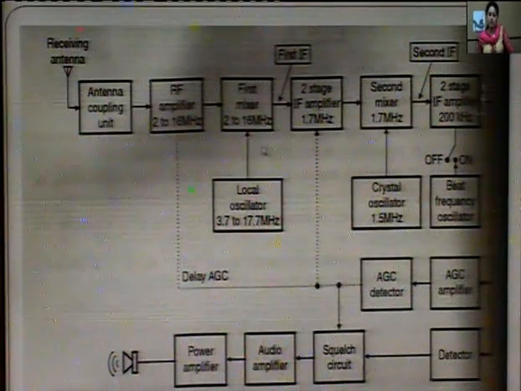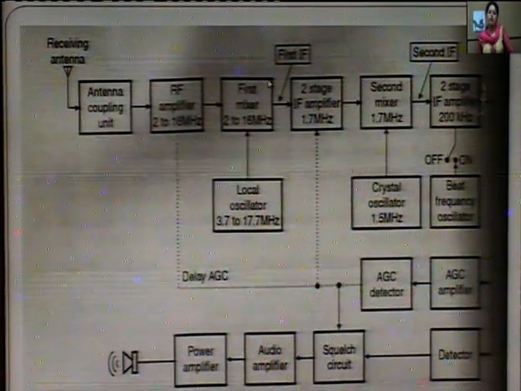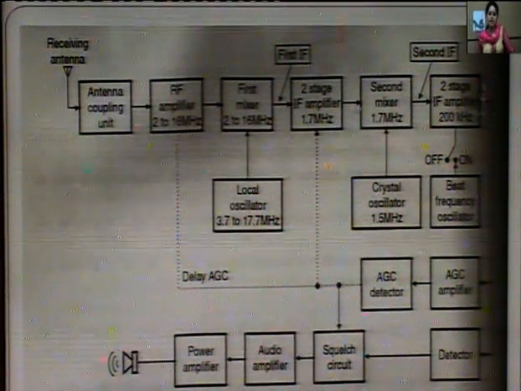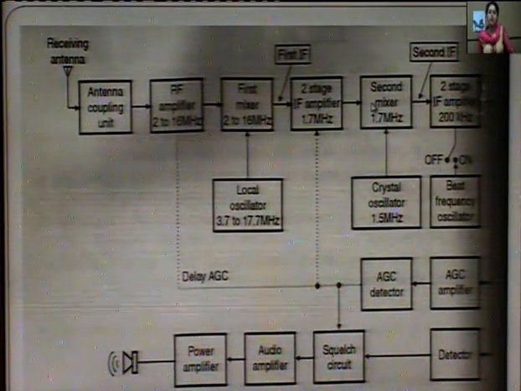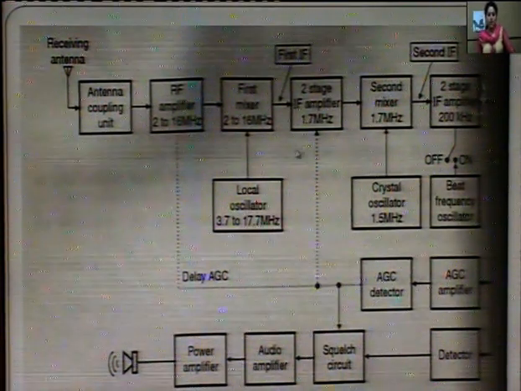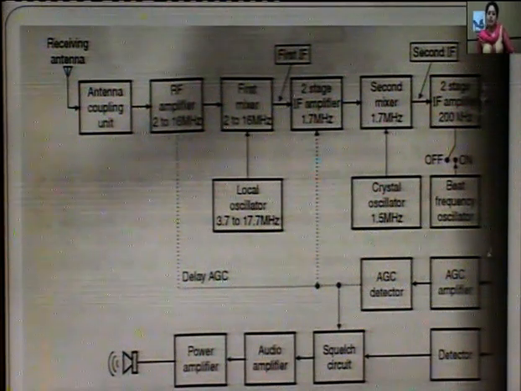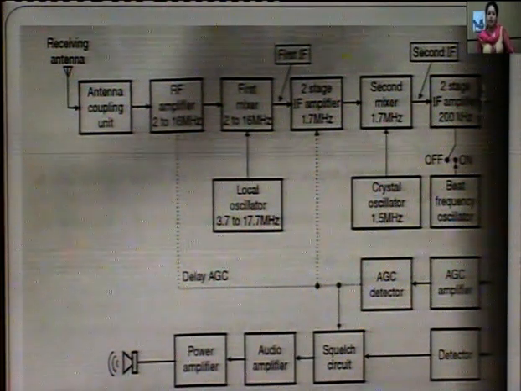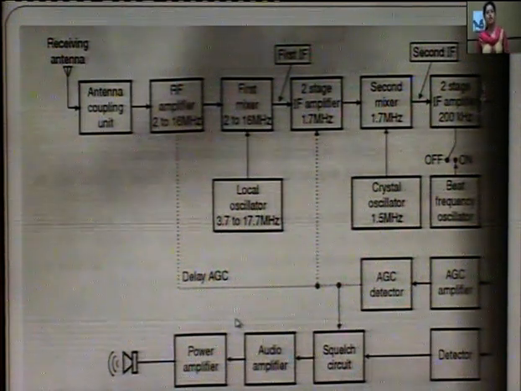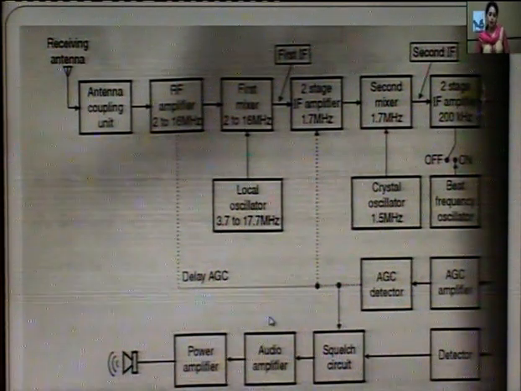So you are having two mixers, the first mixer provides your higher IF and the second mixer provides your lower intermediate frequency. And after the signal is provided, it is given to the detector, then the audio amplifier, then to the power amplifier. That is similar to what was in the case of your superheterodyne receiver.